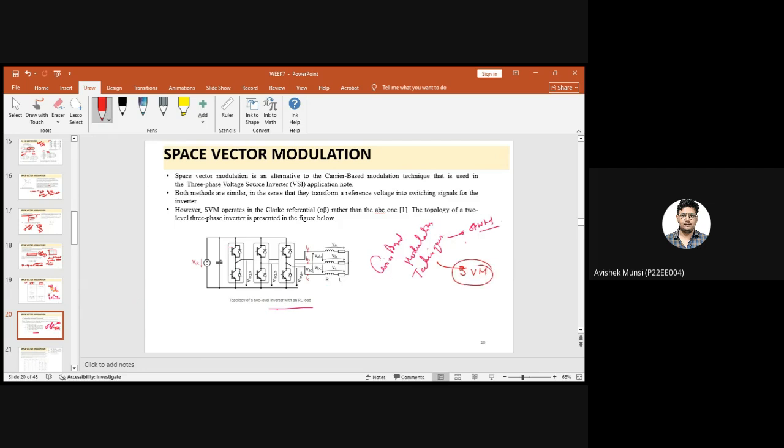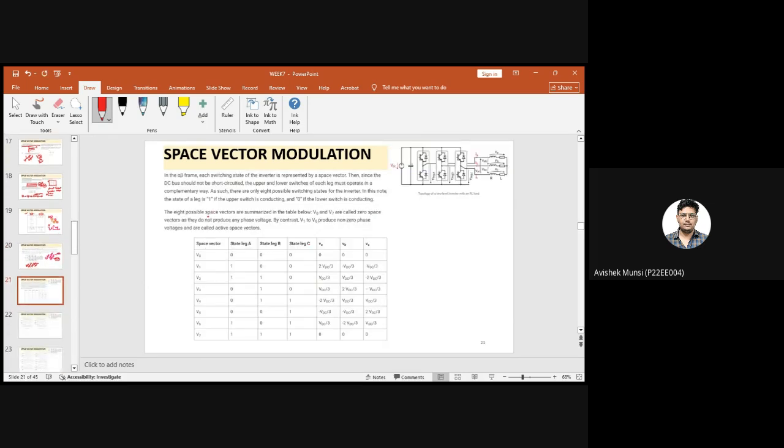So this space vector modulation technique basically operates in the Clarke referential frame, that is the alpha beta frame. So that's why I discussed a little bit about the Clarke and the Park transformation. Okay. So in the alpha beta frame, let us see how the space vector works.